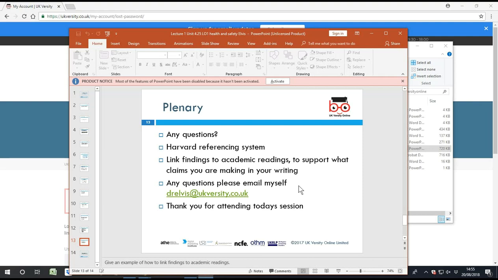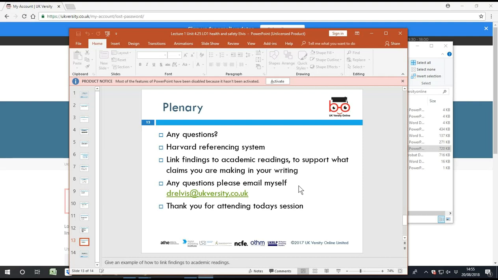If you go in the module, we have provided an assignment which you can access. And as I said, use your own workplace environment to contextualize your assignment. Reference it nicely using the Harvard referencing system.